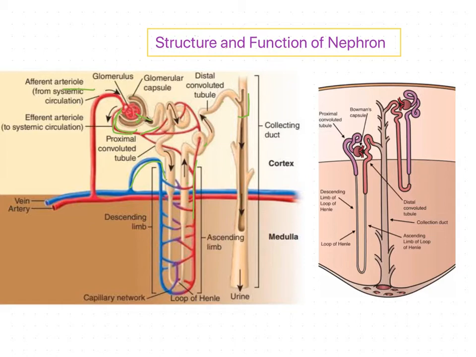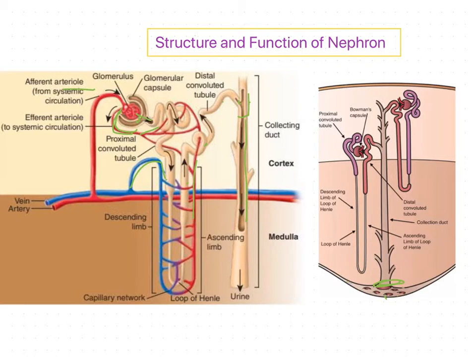This tubular secretion is an active process, and it is under the control of antidiuretic hormone. After all these things happen, the urine is formed finally, and this urine is collected in the collecting duct, which finally opens, as you can see in this diagram, into the renal papillae.